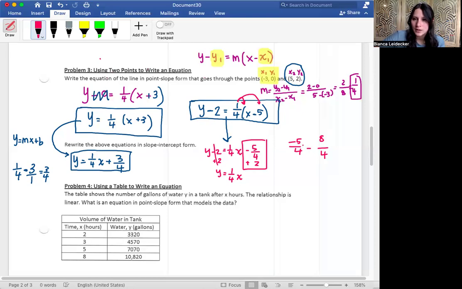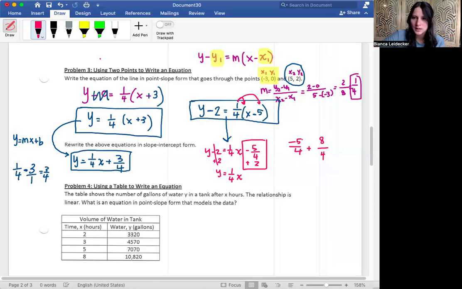And then when I add them, add the opposite, it would be, or sorry, let's see, -5 plus 2. It should be minus, or plus, sorry, this would be plus 8/4.